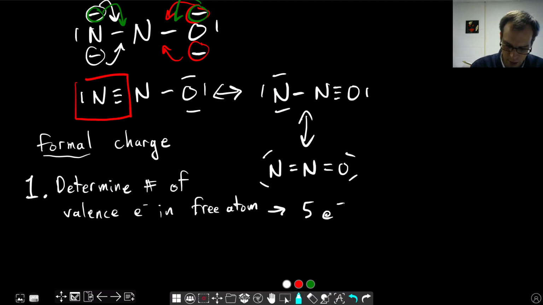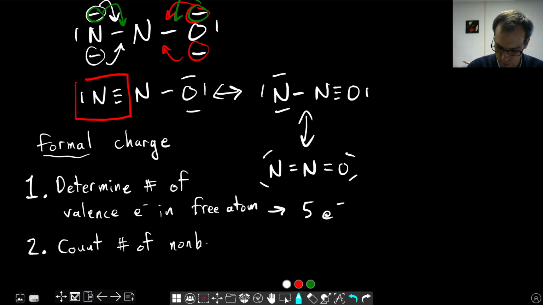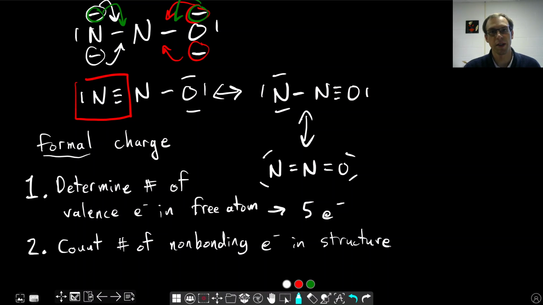All right, number 2, we're going to count the number of non-bonding electrons. So these will be our lone pairs in our structure for that atom. So in the example we have here, that is 2 electrons for this nitrogen atom up here.